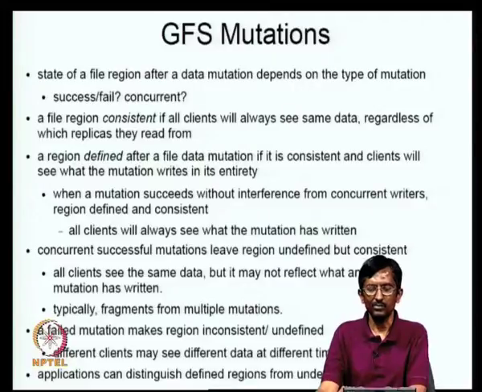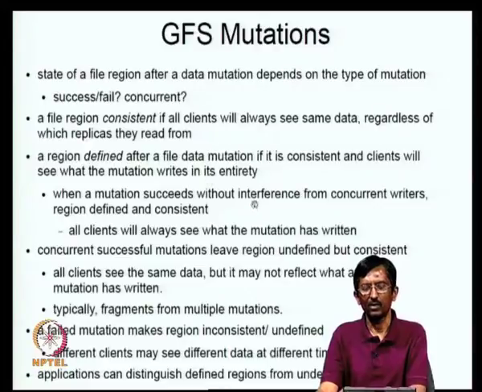Because if there is interference, then what will happen is that different writers will write different portions of the file, and therefore the region may not be completely the applications can figure out what's going on. Okay. But it is not exactly the mutation written in its complete entirety.